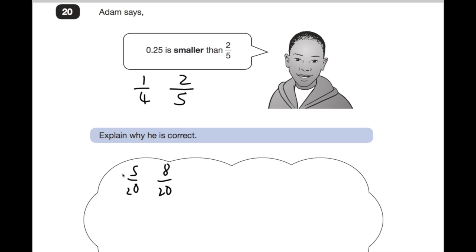So you can see quite clearly that 5/20 is definitely less than 8/20. If you were to put something simple like this as a written answer just to back up what you said, so 1/4 is the same as 5/20, 2/5 is the same as 8/20, 8/20 is more than 5/20, so therefore he's right. If you were to say that, you'd definitely get the mark.